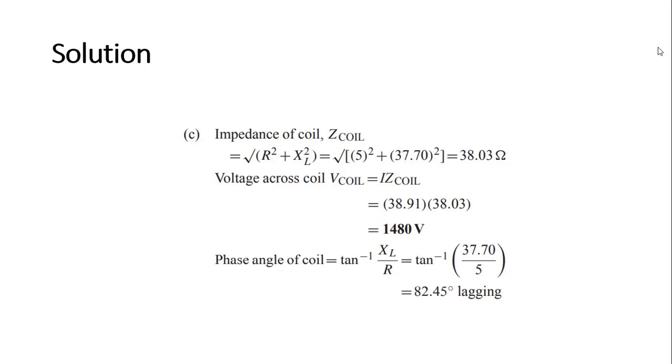If you multiply that, you are going to get 1480 volts. So the phase angle of the coil would now be equal to arctan XL over R. This formula is also from the last class. So if you find the arctan, it is going to give you 82.45 lagging. This is the coil, I told you about it, and this is lagging.